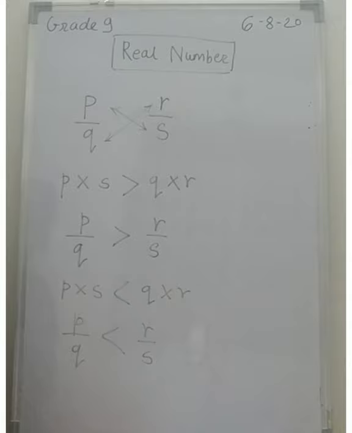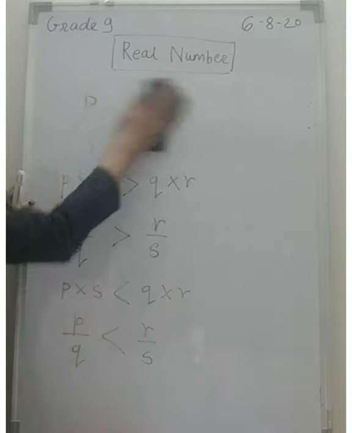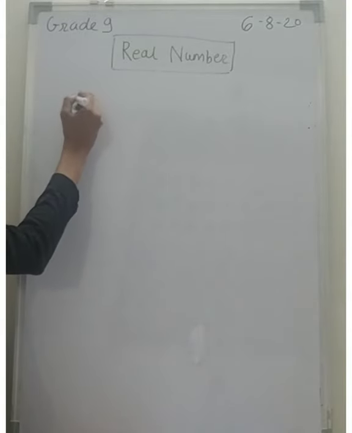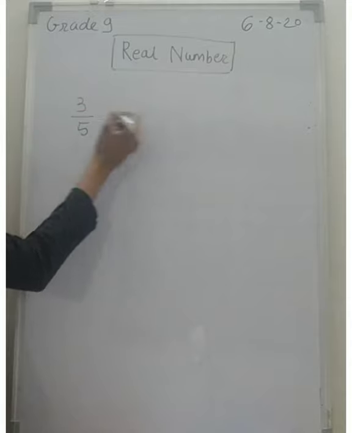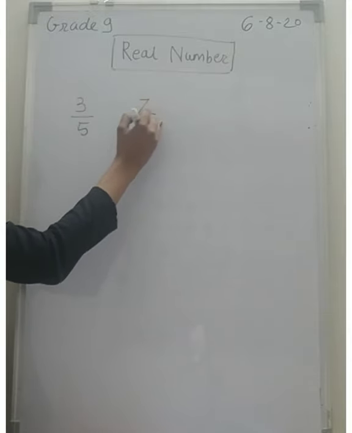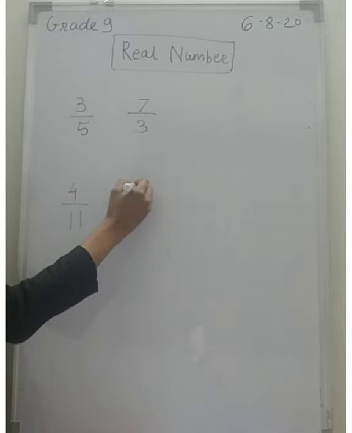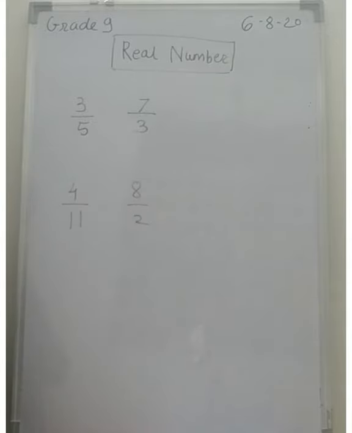Do you want to see how it works? So let's take one example and see if the number is greater or less. Three upon 5 and 7 upon 3. And one more example, 4 upon 11 and 8 upon 2.